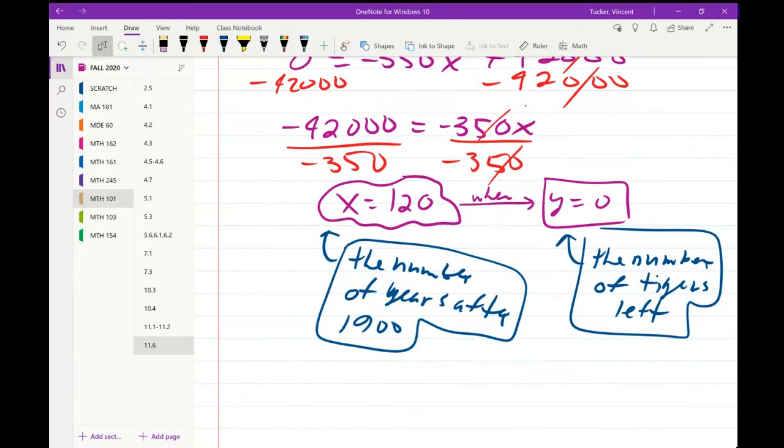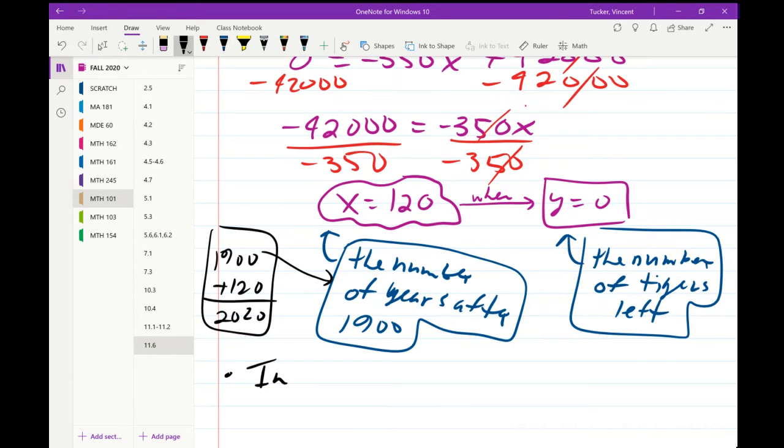You good to go? So 120 is the number of years after 1900, and y represents the number of tigers left. If we put that all together, we add that 120 to 1900 in order to figure out what year we're in. That should be 2020. Huh, that's funny, 2020. This book was made a little while before that.